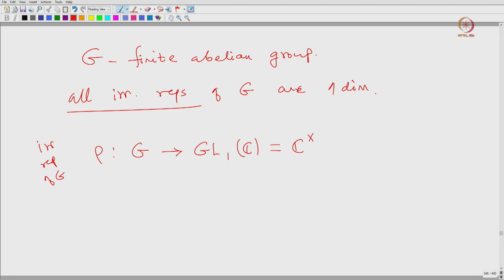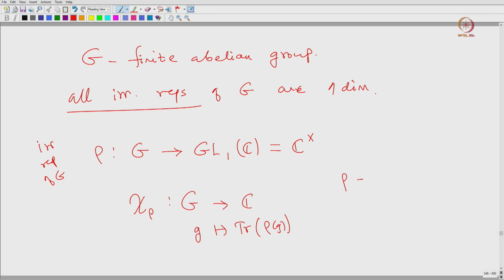So, chi rho is a map from G to C, which takes g to the trace of rho of g, which is the same as the value in the matrix, because we are dealing with 1 by 1 matrices.